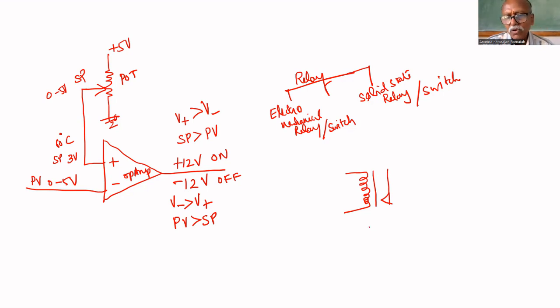This is called normally open. If you energize, it will be closed. That's why it is called normally open. Here, another switch is there, but we are not going to use that. That is normally closed. If we energize, it will open. So both can be used. We are going to use normally open.